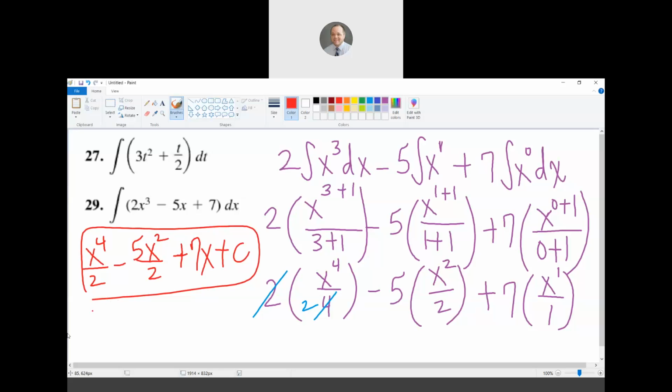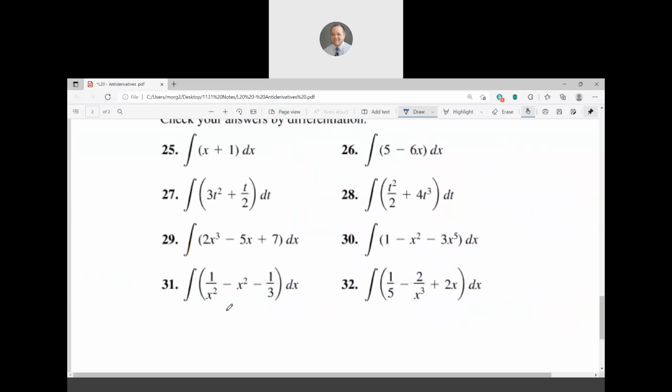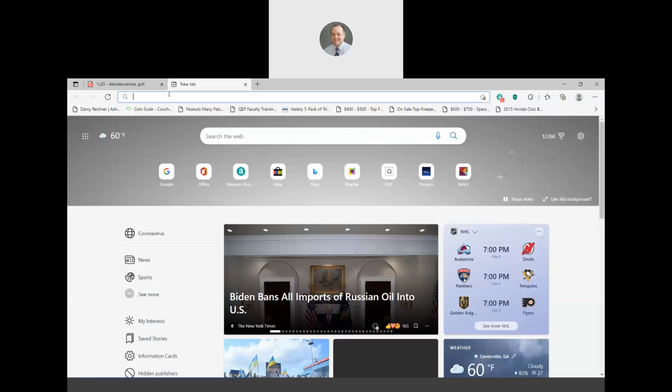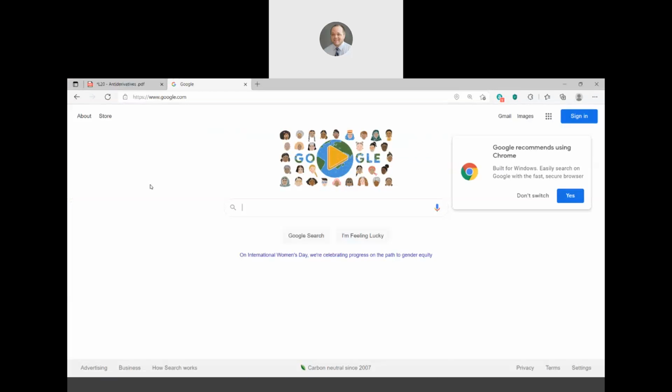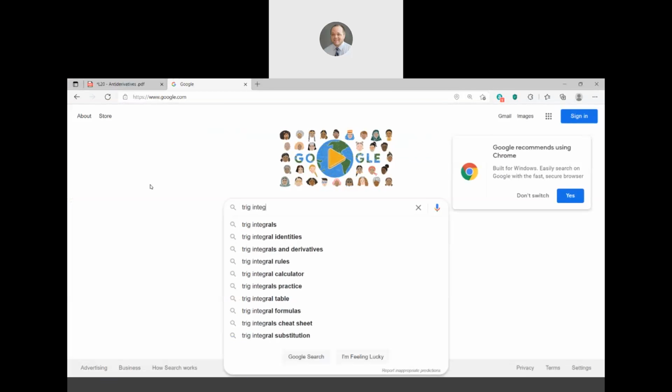Let me share with y'all the formulas for basic trig integrals. So give me 1 second to find that table. Trig integrals.